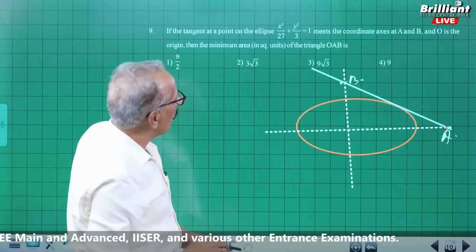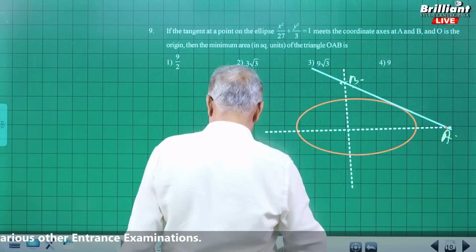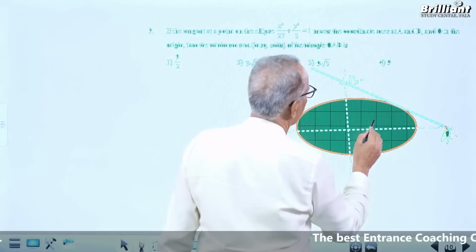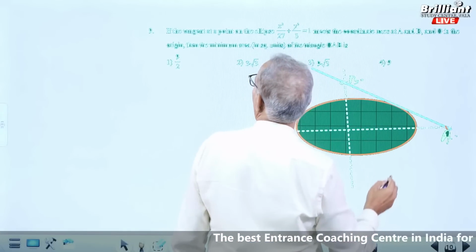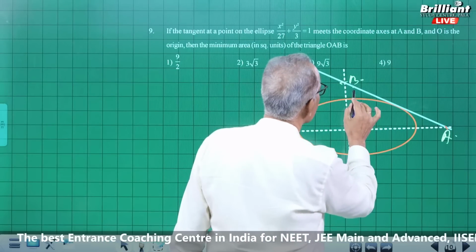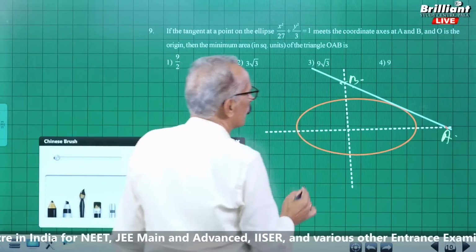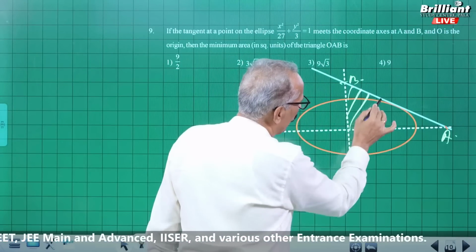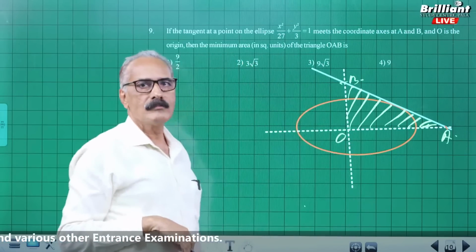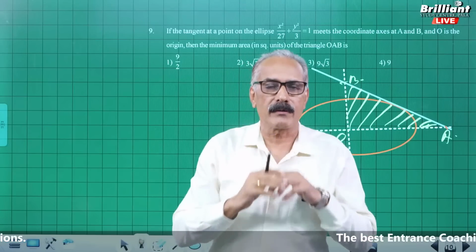Then the minimum area of triangle OAB. That means you want to find out the minimum area. Well, now see the secret.